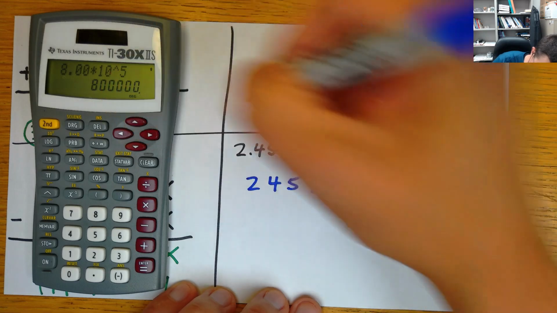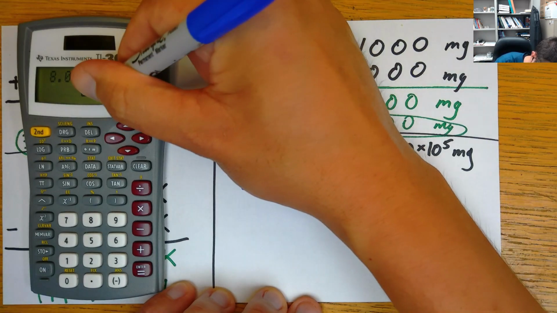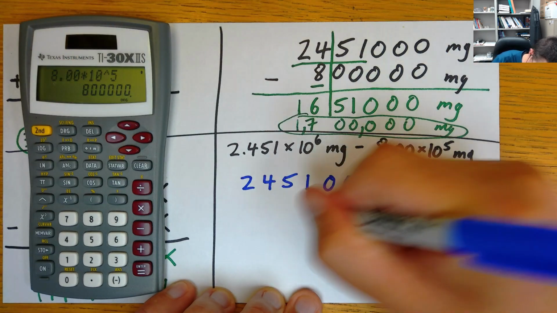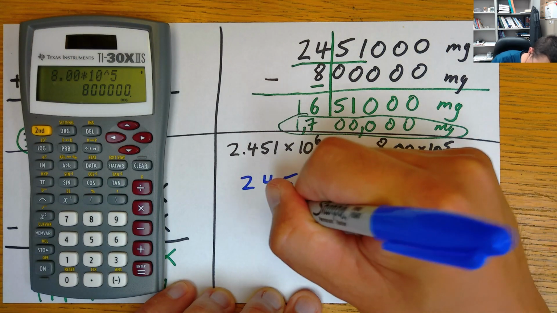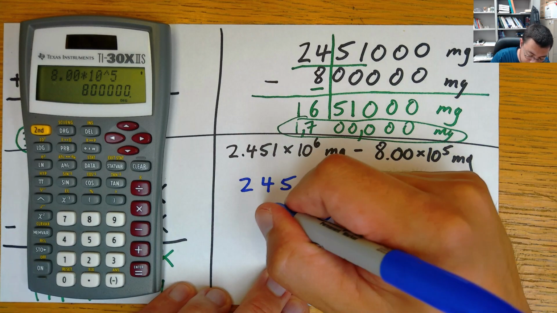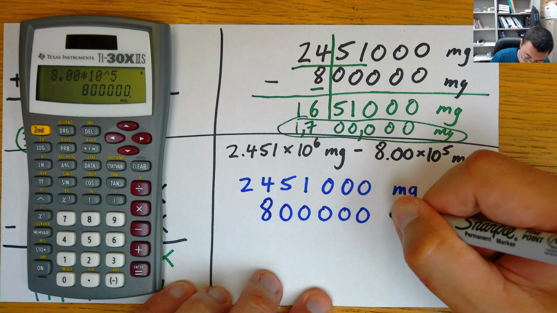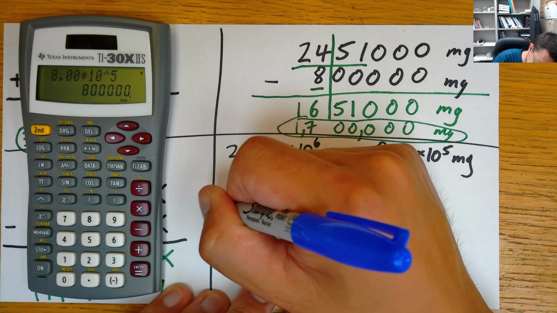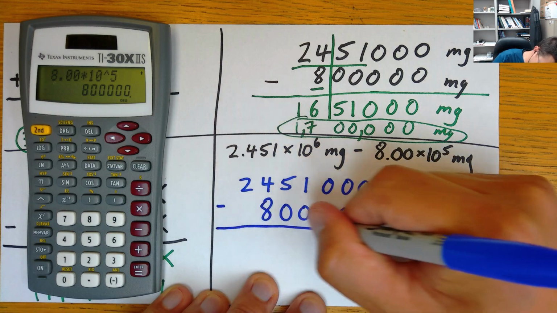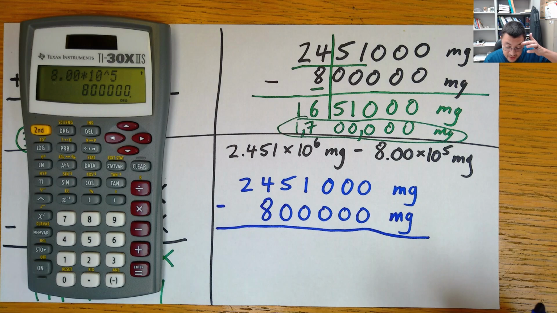So this is going to have 1, 2, 3, 4, 5 zeros. Notice how careful I am, how much I take my time in writing out these problems. All right. And there's our problem.